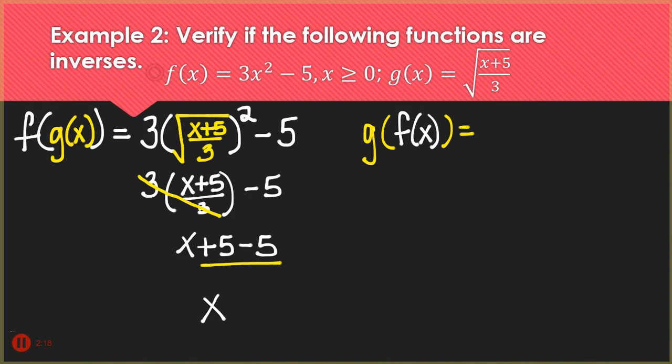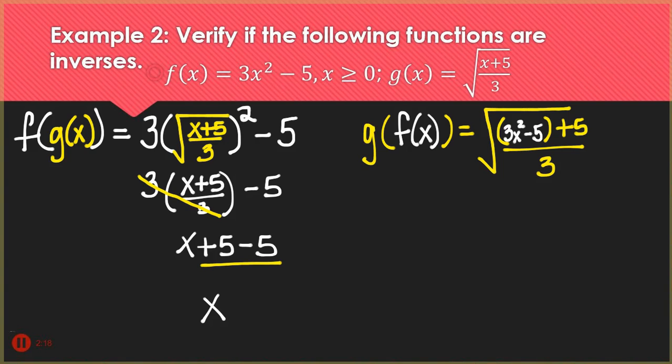So the function g of x says take the square root of something plus 5 and then divide that by 3. The something is going to be my f of x function. So 3x squared minus 5 will go inside of that parentheses.